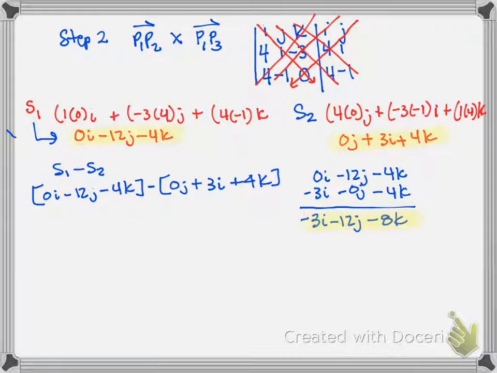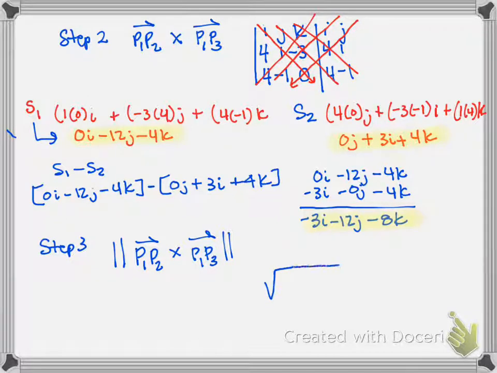But I'm not done. I haven't found the area quite yet because step 3, I have to take the magnitude of the cross product of P1, P2 vector crossed with P1, P3. To take the magnitude, I'm going to take the square root of all the components squared.